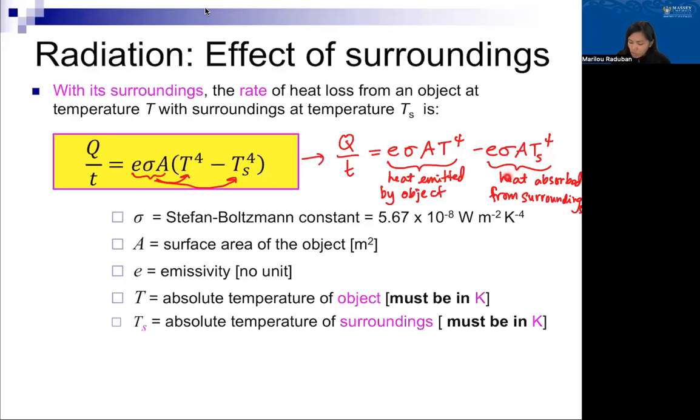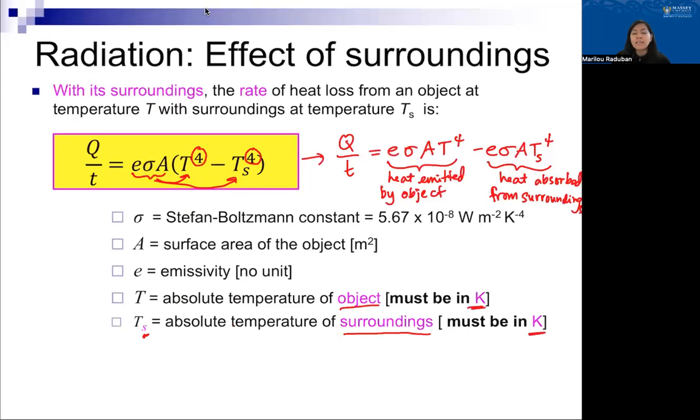And so you have there two temperatures. T is the temperature of the object. And T subscript S, the subscript S tells you that's the temperature of the surroundings. Be very careful here. The temperatures, again, must be in Kelvin. Because although we are subtracting two temperatures, the temperatures have exponent 4.